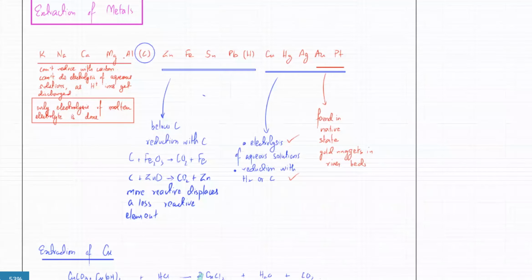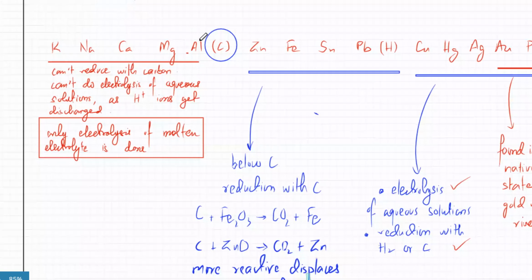And then you had these very reactive elements like aluminium. For aluminium, you can't reduce it with carbon, because for example, if there is aluminium in the form of a compound, aluminium oxide, carbon will not be able to do anything.